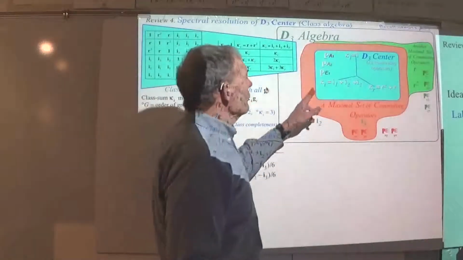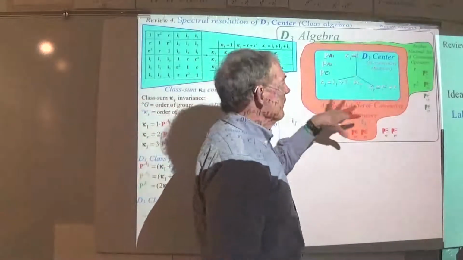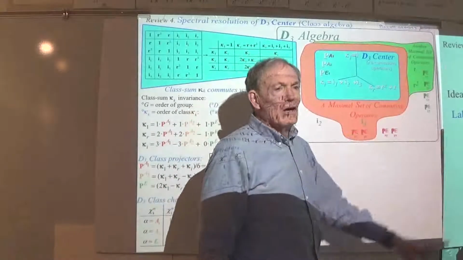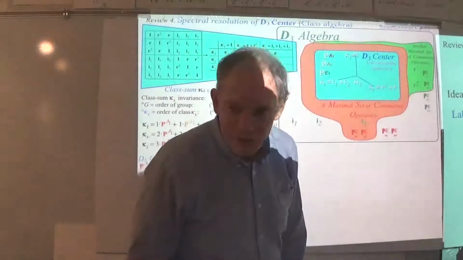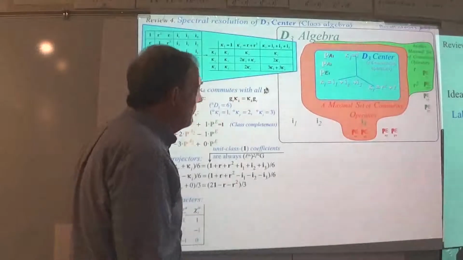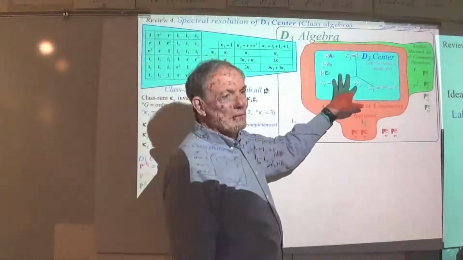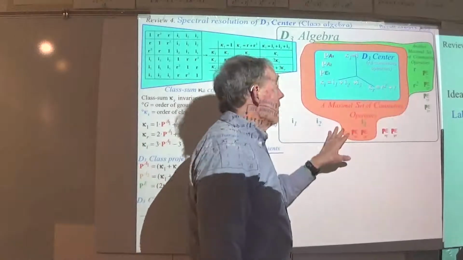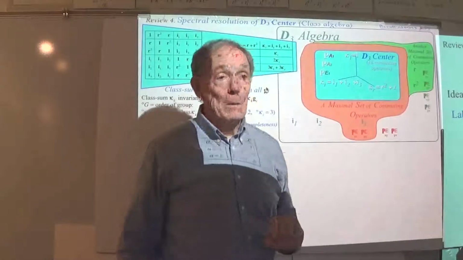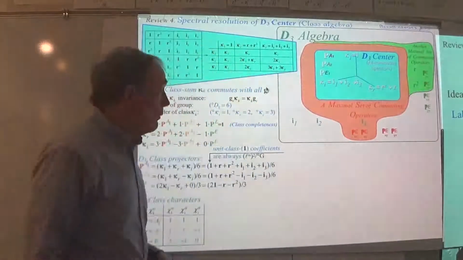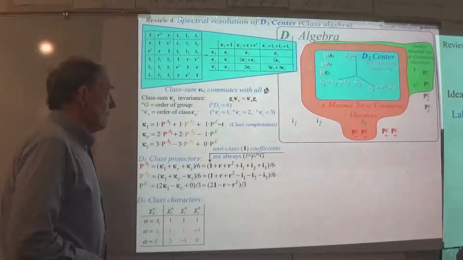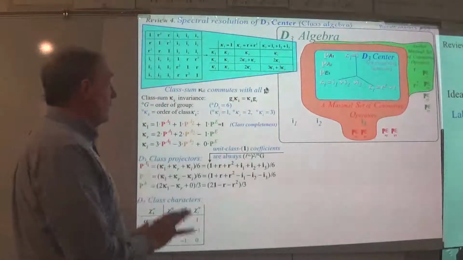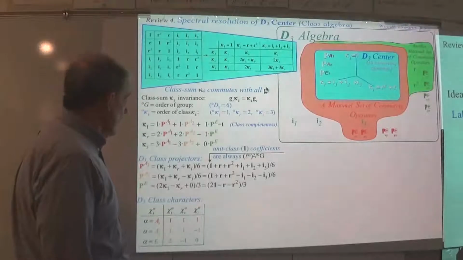This is kind of like a swimming pool on an otherwise desolate geography, okay? And those people get to swim and commute, okay? Outside of these things, they don't commute with each other at all. But they do commute with everybody in there. That's the thing to remember that's really important for studying the spectra that comes from a symmetry like this.